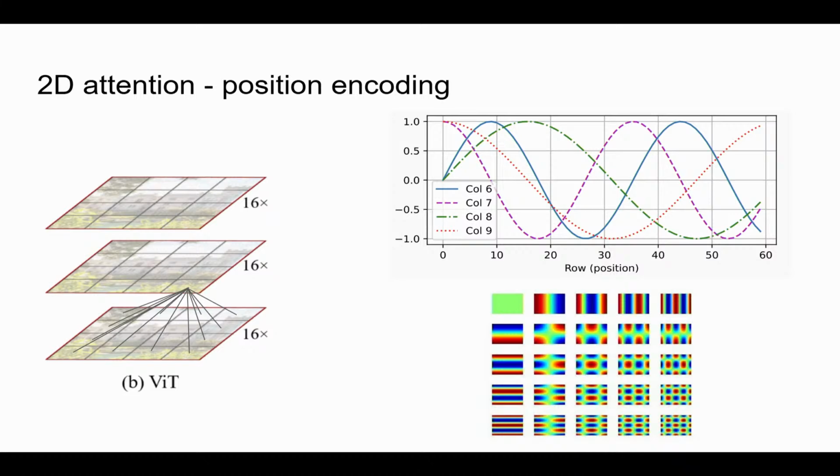So in 1D, you have a very slow sine wave, and for one position, let's say position 10, you get this green value, this blue value, red value, purple value, and those define the position encoding of that position. This usually gets added to features from your data.